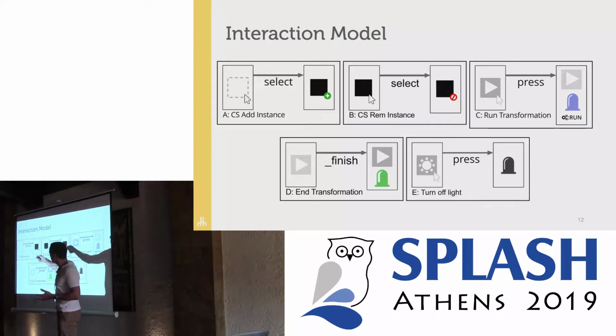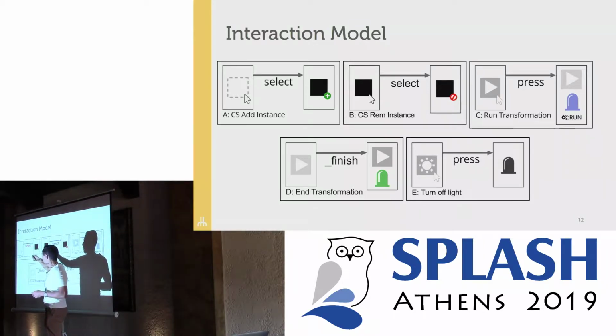If I look at the first one, here it says, so this is my condition, and this is my effects, and I can have multiple effects happening, and that's my event that happens here. So basically it reads as follows. If I have my focus on the canvas, and I receive the event select, then I will instantiate that game of life cell. If I have a focus on the game of life cell, and I receive a select, then I'm going to delete that cell.